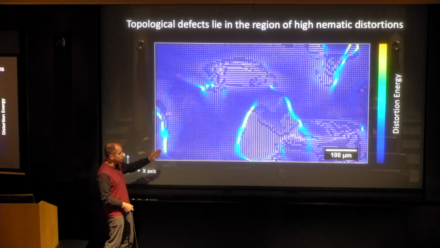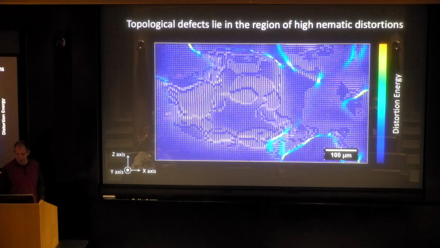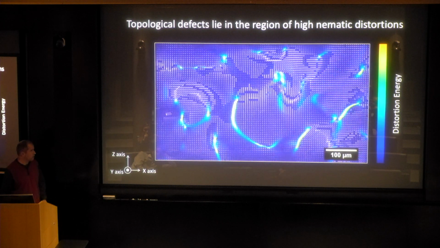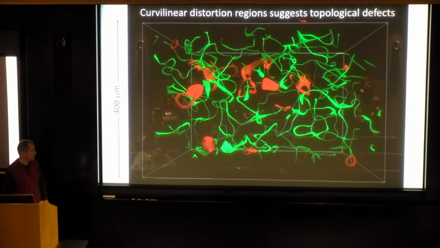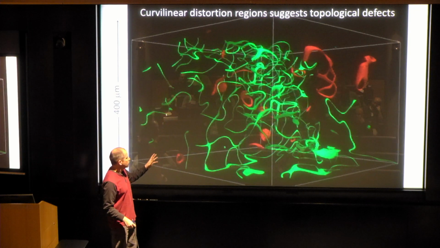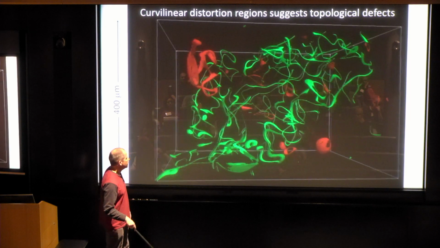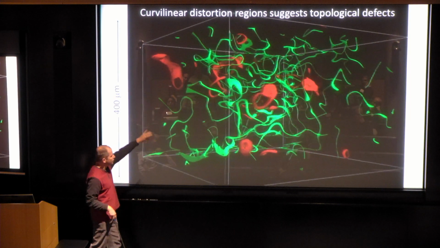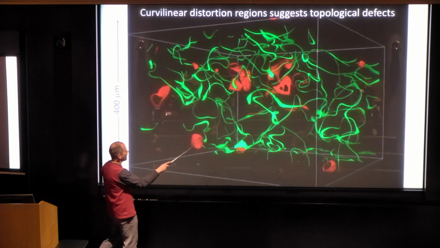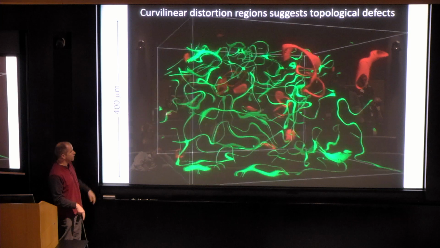And again, what we are doing here is we are scanning in the z direction, right? And so if you have all of this data, you can just do a three-dimensional reconstruction. And this is the instantaneous structure that's telling you where the high energy distortions are, right? And you can see that the sample has these green lines that span the entire sample.